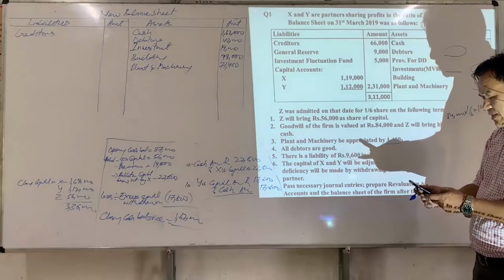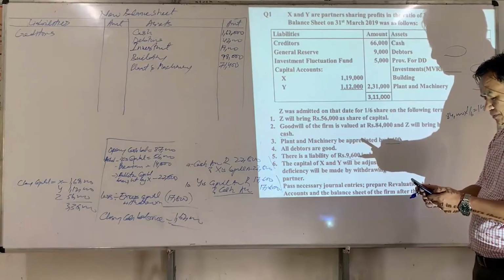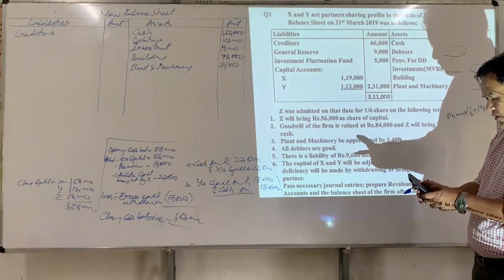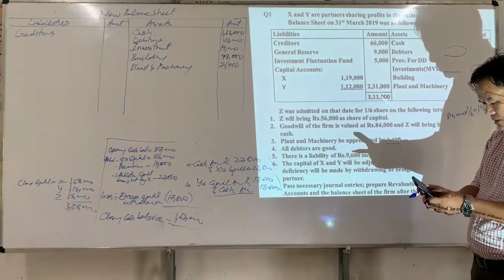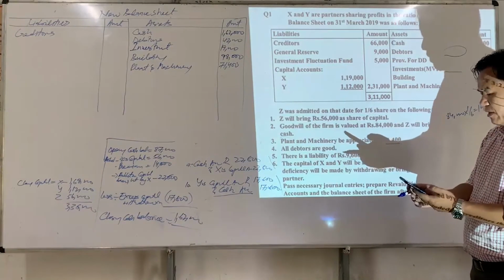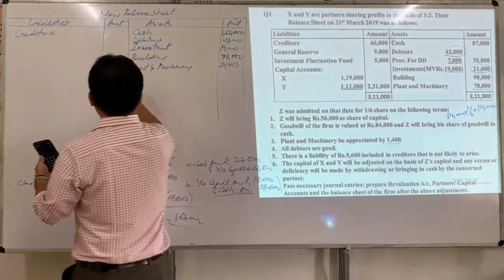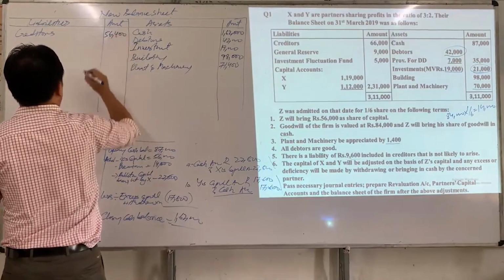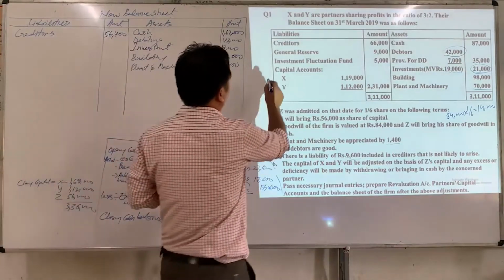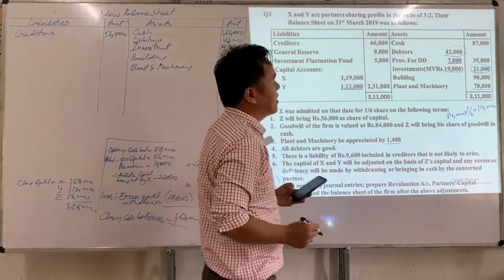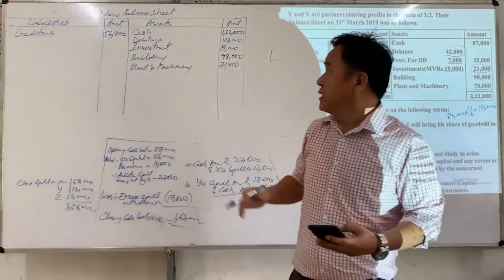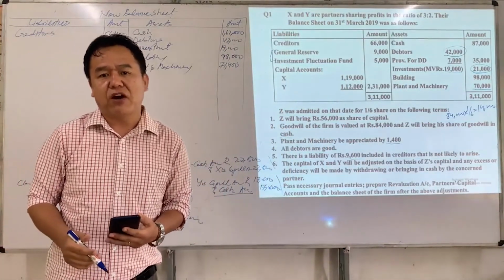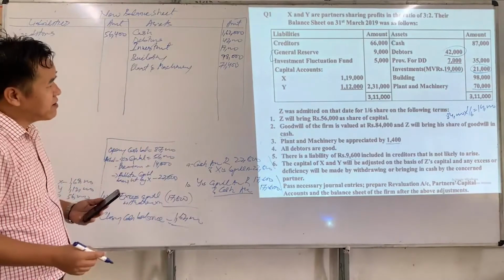If we deduct 9,600 from 66,000, we will get 56,400. Both the general reserve and the investment fluctuation fund can't be shown in the new balance sheet since they are already transferred to the capital accounts of all partners in their profit sharing ratio.